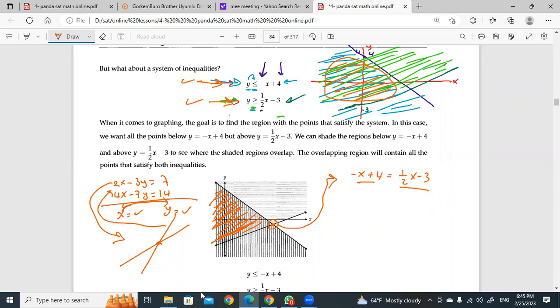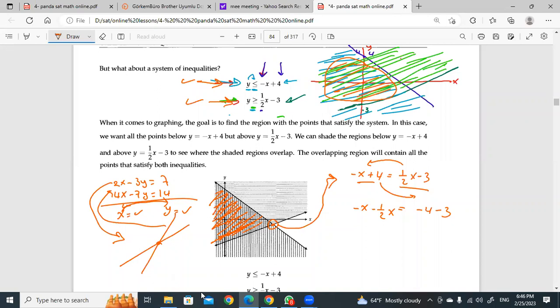So right now I will move this to the other side with the negative sign. So I will have negative x minus half x. And then I will move the 4 to the other side, so it will be negative 4 minus 3. Is this clear? Yes.